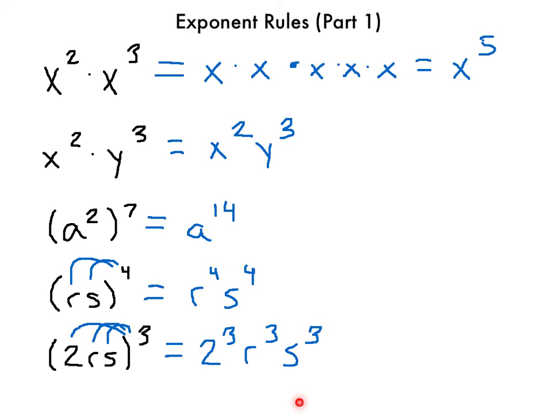So we're not multiplying 3 times 2. We have 2 to the third power. That's a completely different answer. So our final answer is going to be 8 once we simplify the 2 to the third power, r to the third power, s to the third power. So that's the difference between having a completely different coefficient.